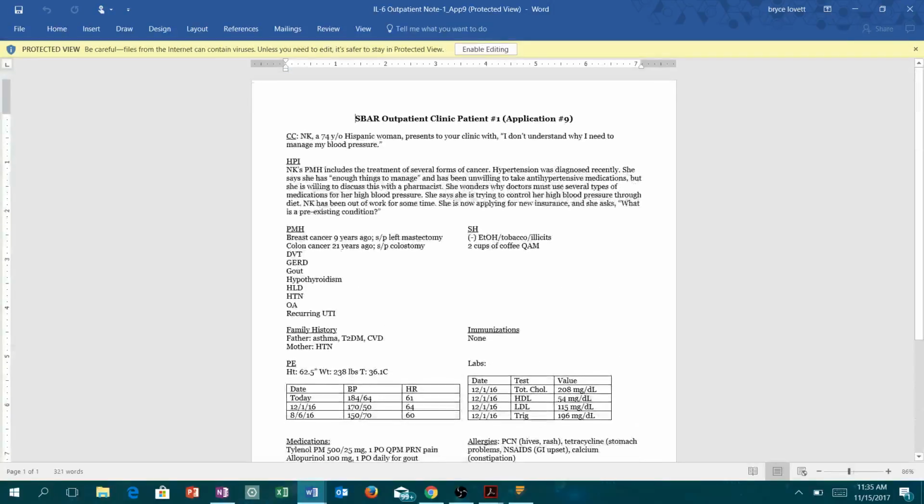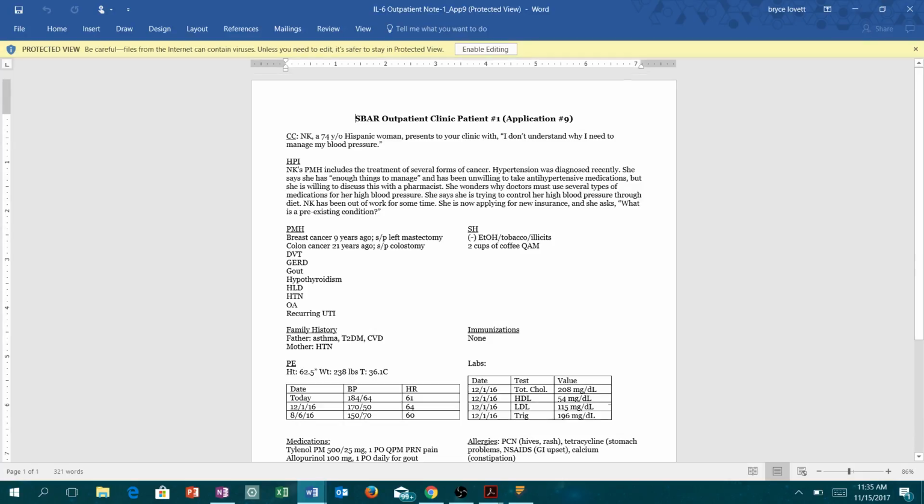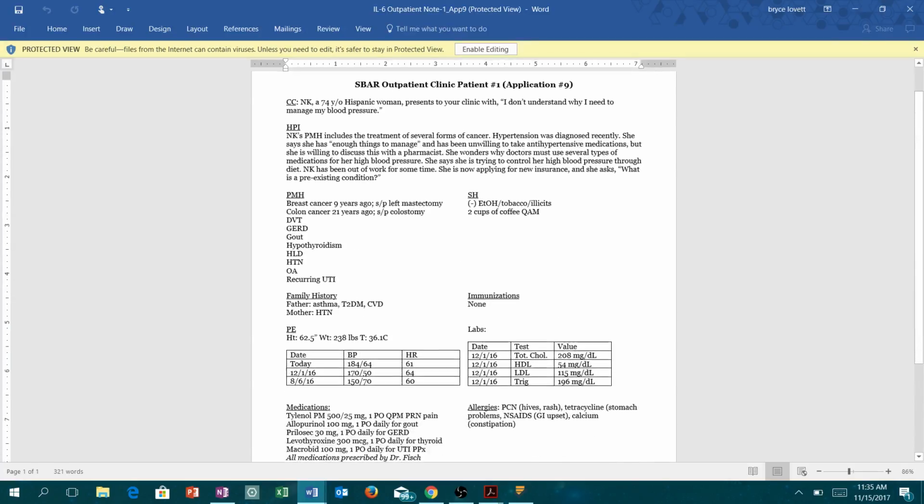Findings. So my question is, when you're presenting this information to the physician or the provider, do you need to make note that she has had breast cancer and colon cancer, GERD, DVT, gout?